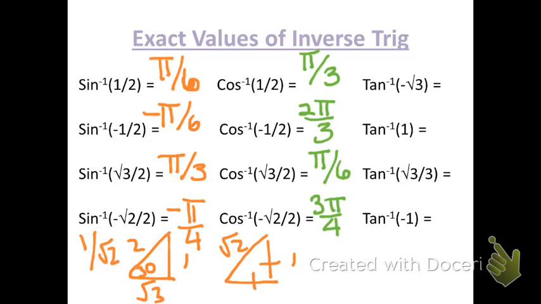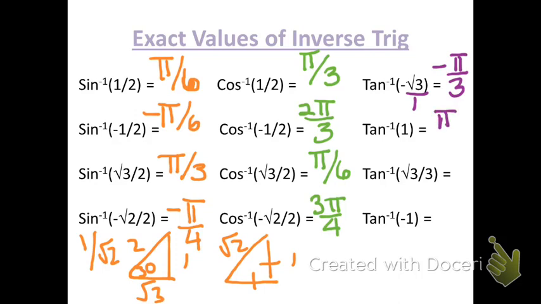And then we are going to lastly do our inverse tan. So negative rad 3, so that's like rad 3 over 1. So the opposite over adjacent goes with a 60-degree, but it's negative. So this will be a negative pi over 3. Inverse tan 1 goes with a 45, opposite and adjacent being the same.